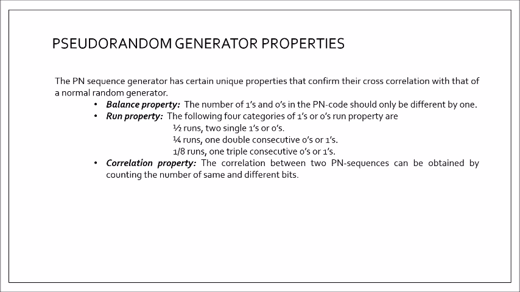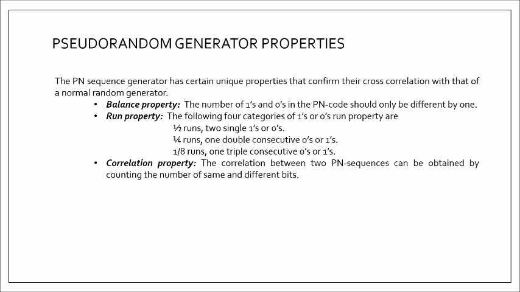Property 1, the balance property: the number of ones and zeros in the PN code should only differ by 1. Property 2, the run property: the following categories of ones or zeros runs define and verify this property: the half runs, the 1/4 runs, and the 1/8 runs.